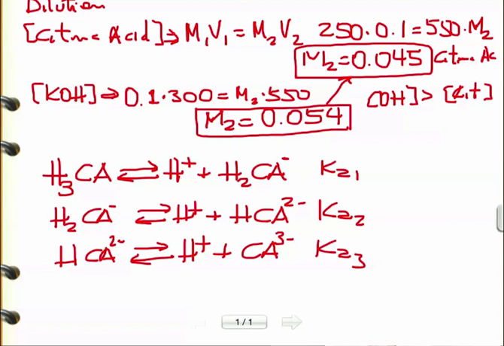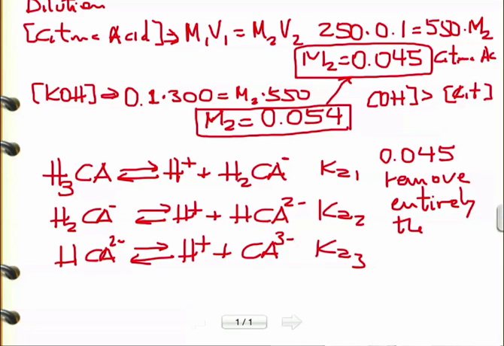Therefore, the first step is going to be gone, no equilibrium anymore, because you suck up all these protons from the first step. 0.045 of KOH would remove entirely the first proton, so there will be no equilibrium. The first step is gone.